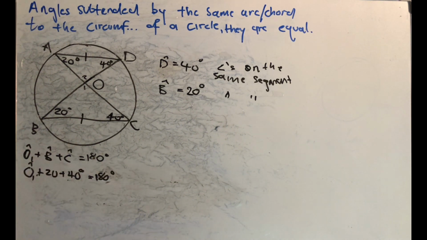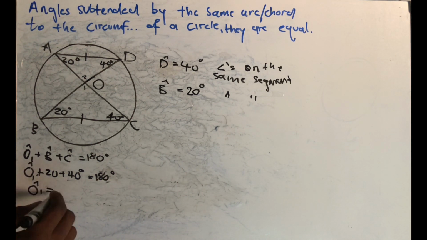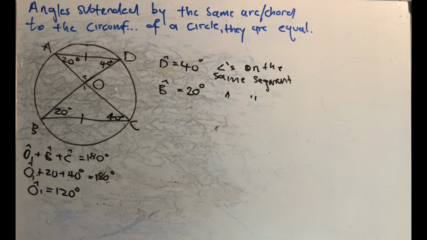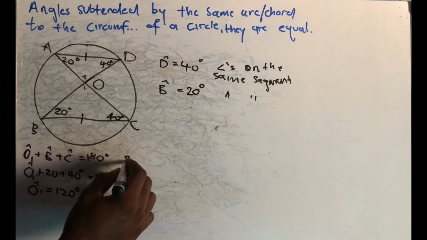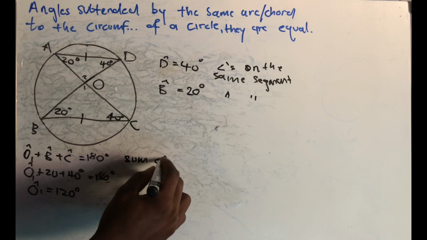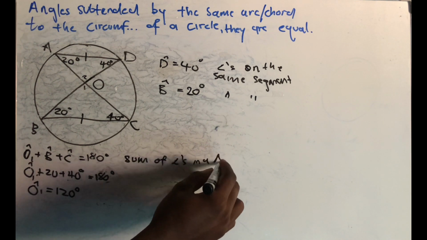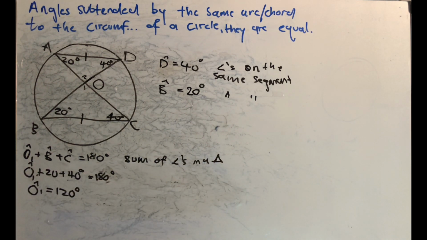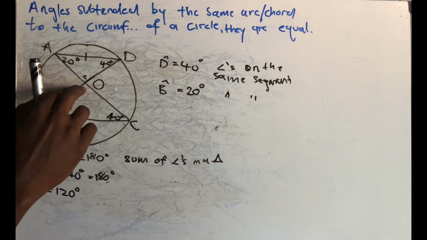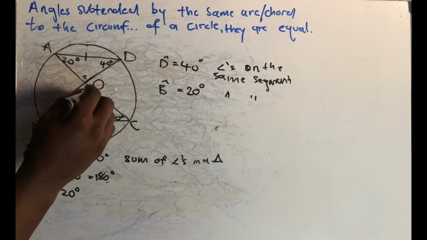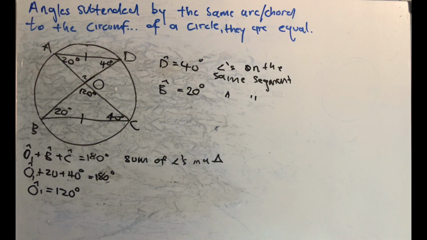Take the 60 to the other side: 180 minus 60, you get angle O1 being 120 degrees. And what's your reason? Your reason here is sum of angles in a triangle. So now you've got O1 to be 120 degrees.